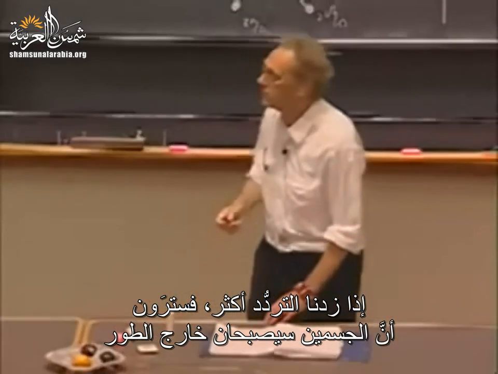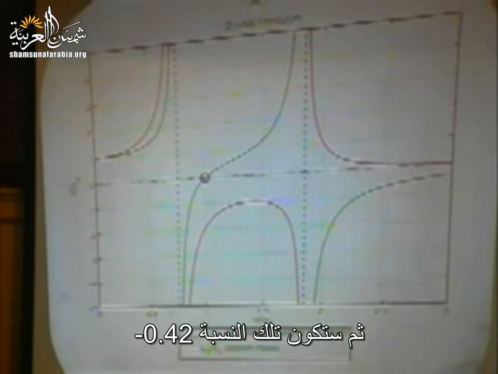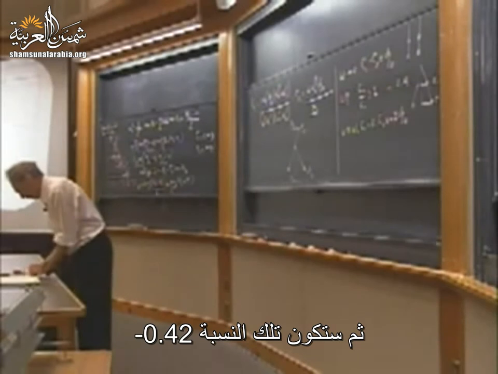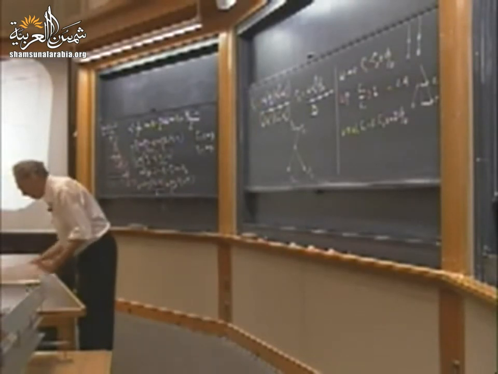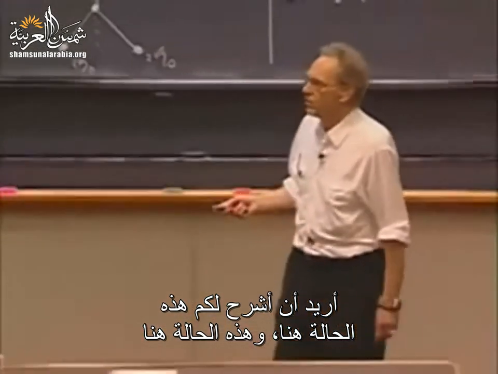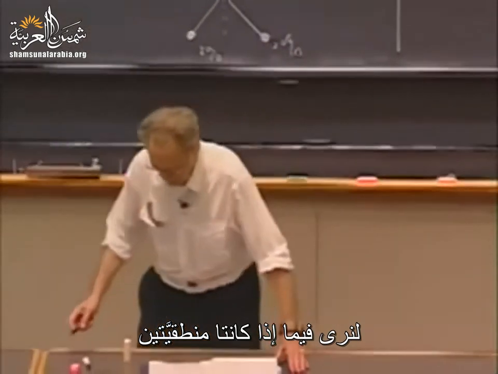If then you go even higher, then you will see that the two objects will go out of phase. The upper one will be in phase with the driver, and the lower one will be out of phase with the driver, and then you hit that second resonance when things will get out of hand, and you get that ratio minus 0.42 back, of course. I will want to demonstrate to you this situation here and this situation to see whether they make sense.